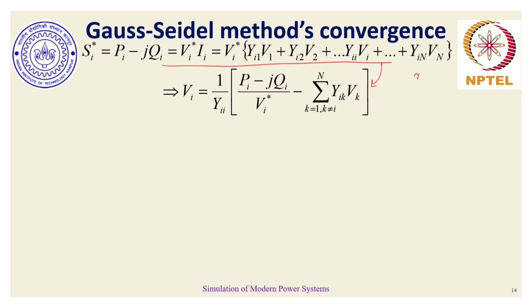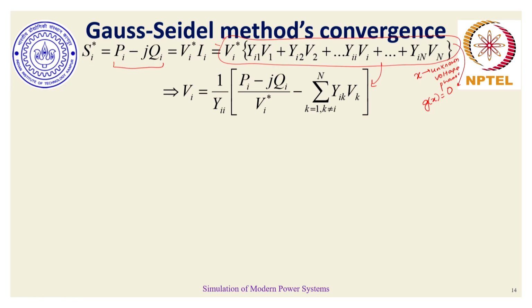x to be our unknown voltage phasor, and I define this equation as g of x equal to 0, where x is the unknown and g is the entire mathematical form of P_i minus jQ_i minus this entire term sitting on the RHS of this given equation.